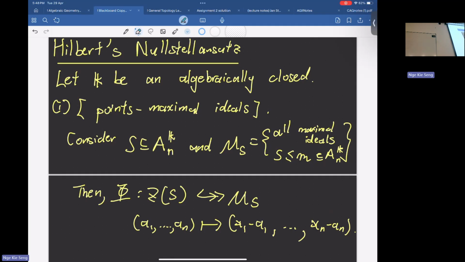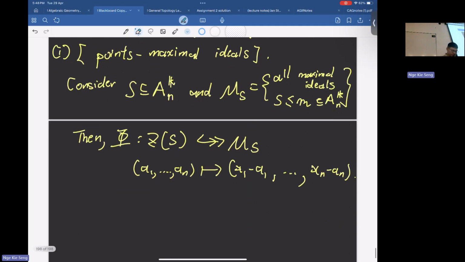How do you remember this kind of ideal is maximal? It is the kernel of the evaluation homomorphism, which sends xi to ai. Then you kill all the polynomials, and you are left with the field. So this is equal to that kernel, and there's a bijection between these two sets here.